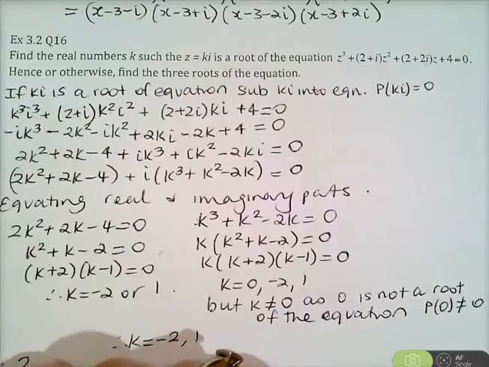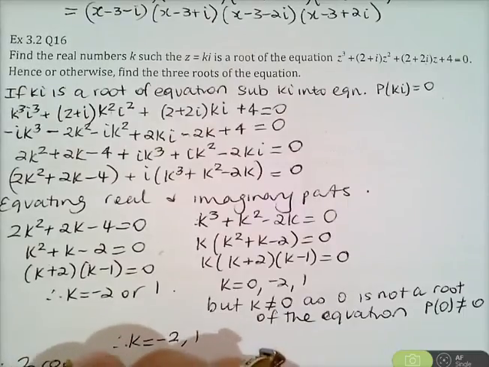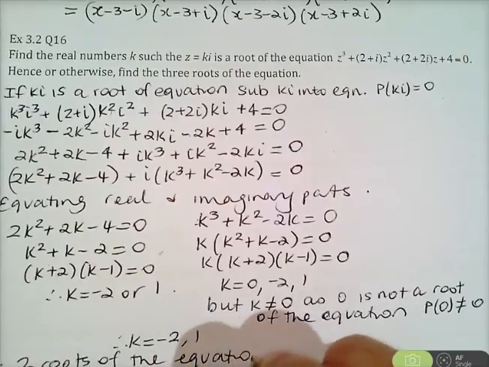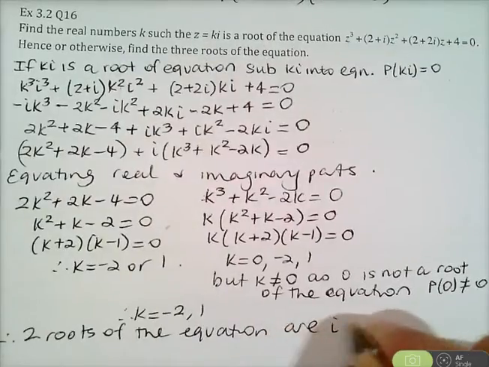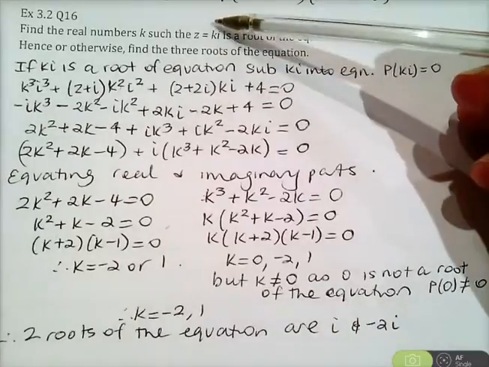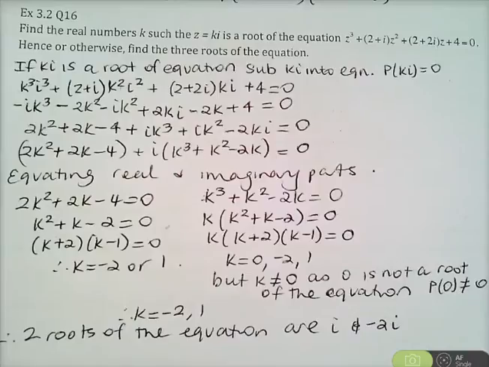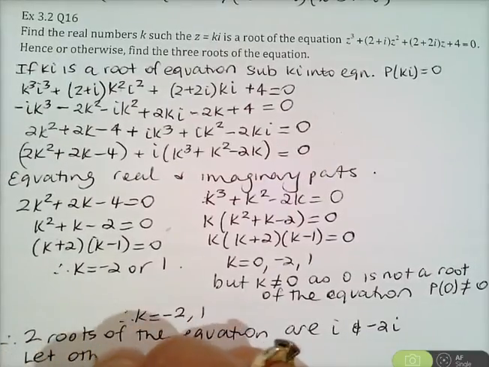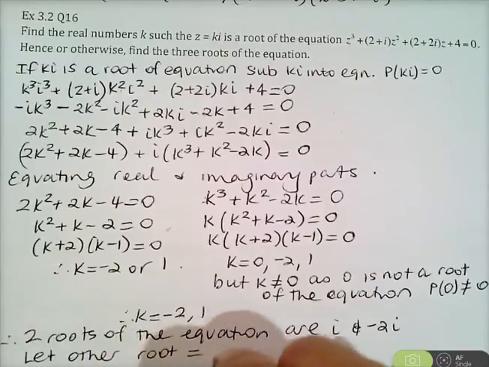And so therefore, two roots of the equation are i and minus 2i, because we know that the roots of the equation are ki. So we need to find the third root. Let the other, third root equal alpha.